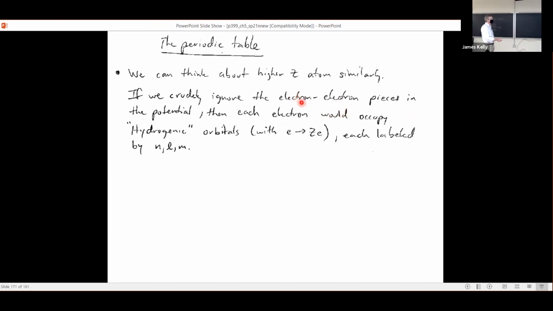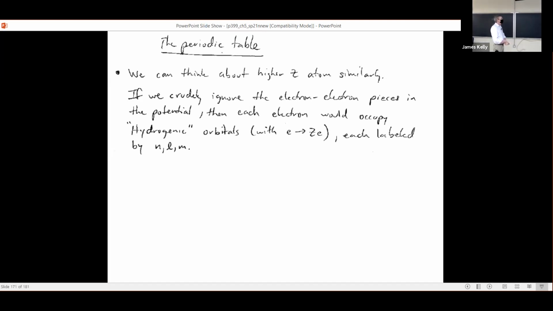We're going to ignore the electron-electron pieces and we're going to keep adding one more proton to the nucleus and one more electron and try to figure out in what order things build up. And then we can construct a crude kind of model of the periodic table. It works pretty well, and then at some point things start to fall apart because we're ignoring some energies and things start to change orders in which the orbitals fill.